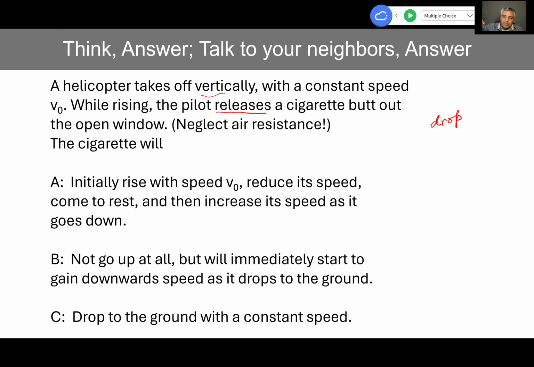Since the helicopter was going up, the cigarette was also going up, so it just follows the helicopter. But since the helicopter has an engine, it may take a different direction. The helicopter is not in free fall, but the cigarette is, because there are no forces other than gravitational force. So it becomes as if it was thrown with that initial velocity. That's why it goes something like that.